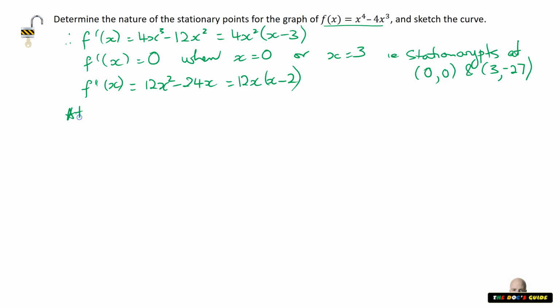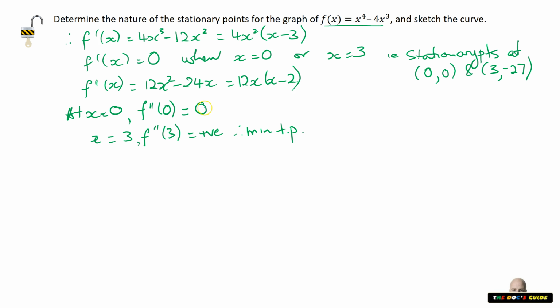At x equals 0, the second differential is actually going to be 0. So this is a possible point of inflection. We will have to investigate this with the table. But at x equals 3, f double dashed of 3 is going to give us 36 times 1. The main thing is that it's positive, therefore it's a minimum turning point.